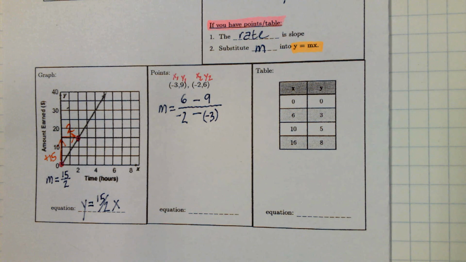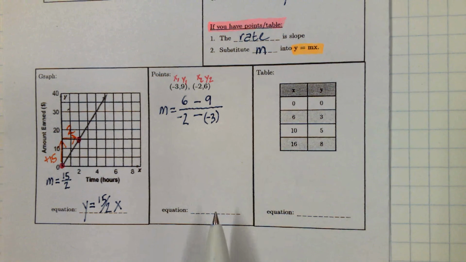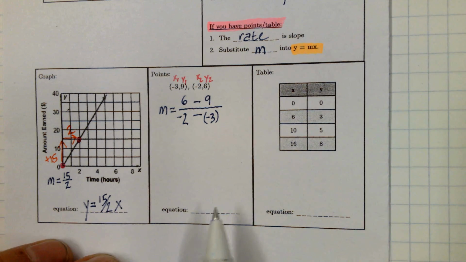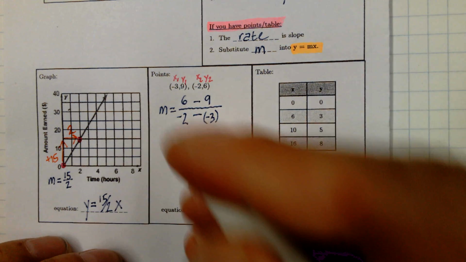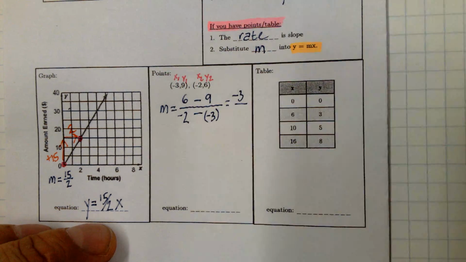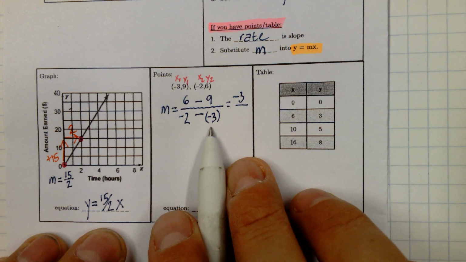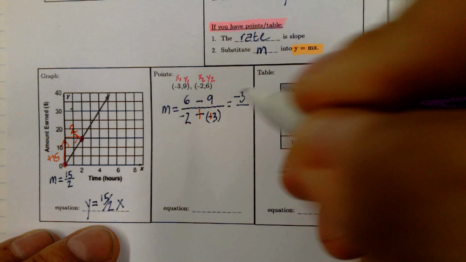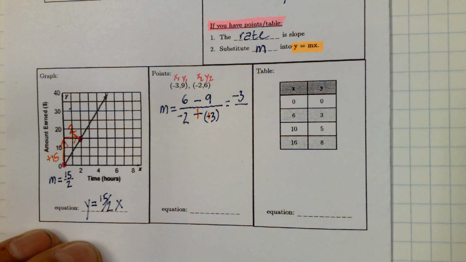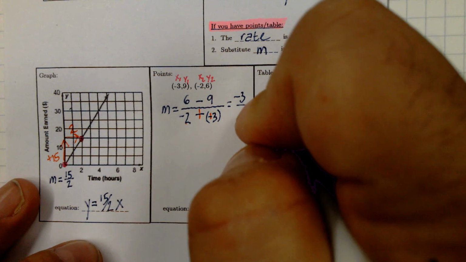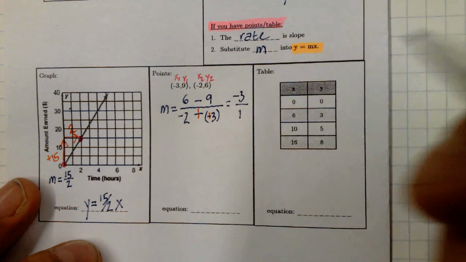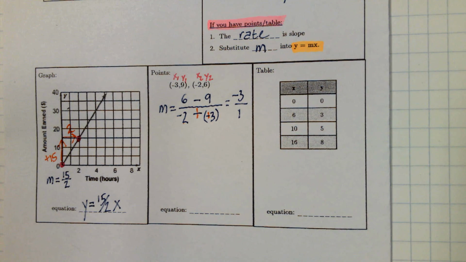Now, we have to do that subtraction. What's the numerator? 6 take away 9. -3. And over here, since I do have negatives, I'm going to do keep, change, opposite. Keep, change, opposite, do a little inverse addition. What does that give us? 1. So it's just -3.